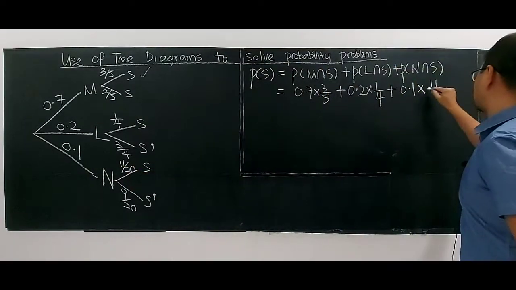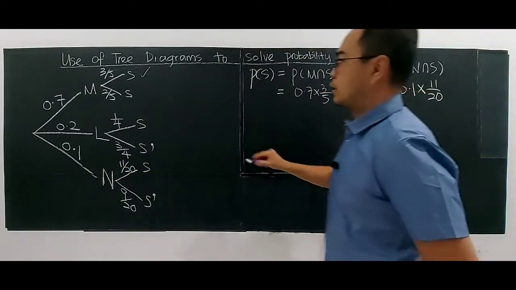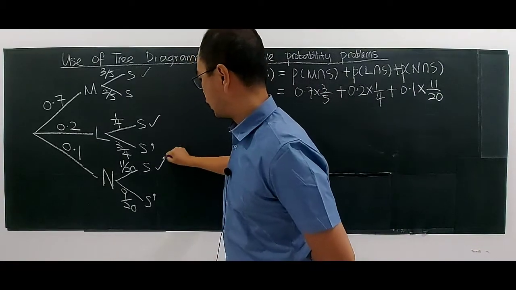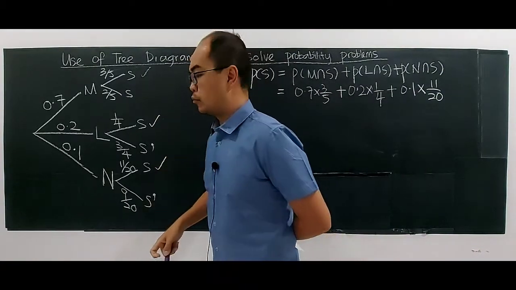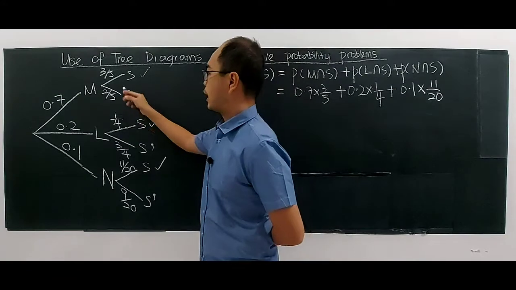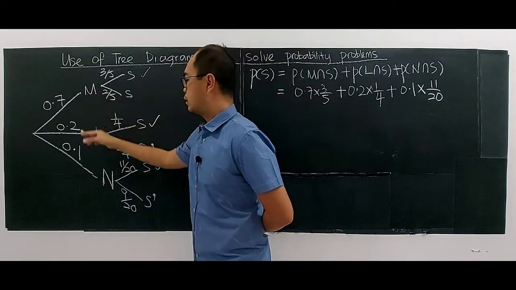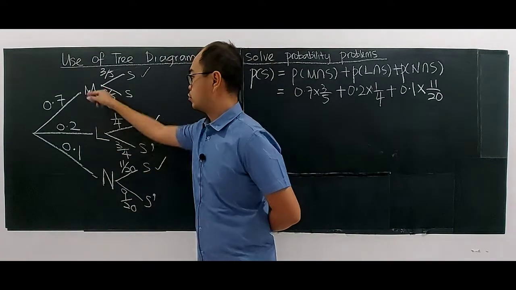These three branches are the ones taking tea with sugar, either with milk, lemon, or neither.